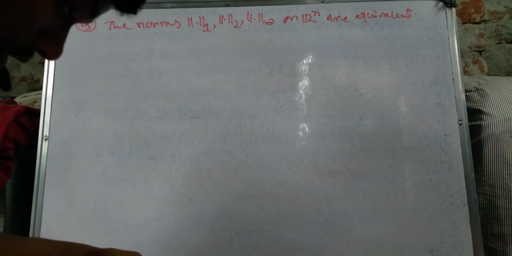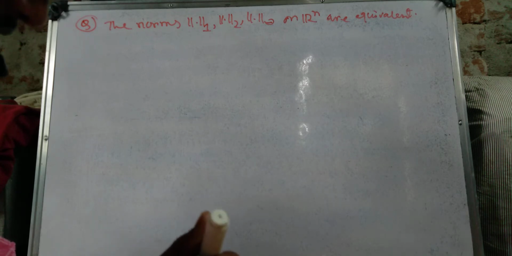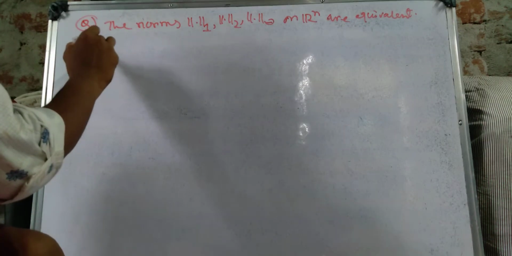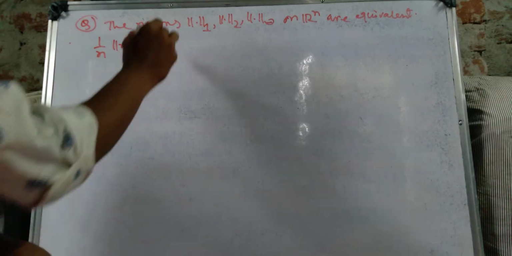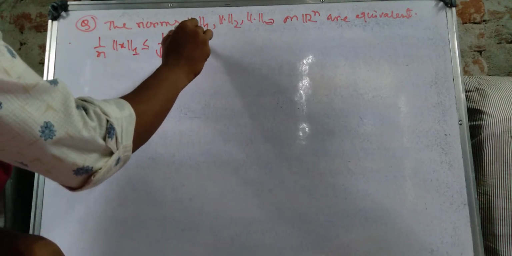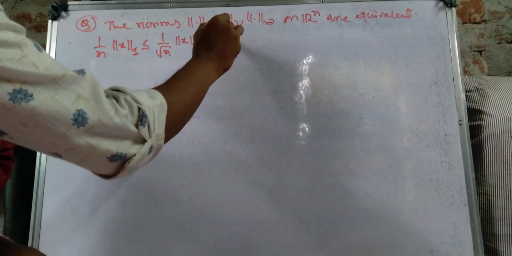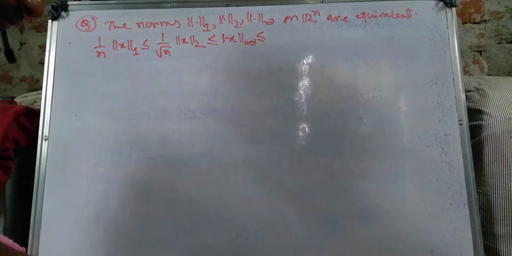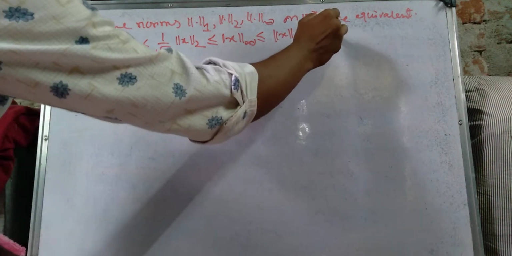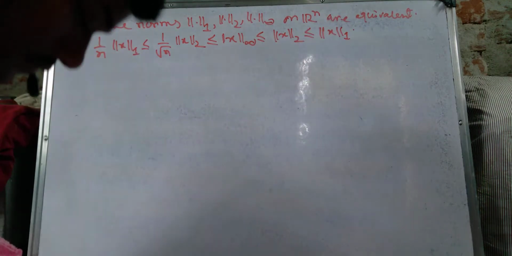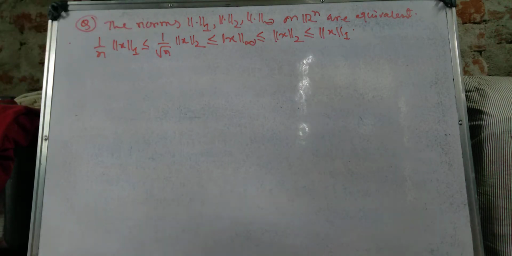More precisely, we show that 1 by n norm x1 is less than or equal to 1 by root n norm x2, which is less than or equal to norm of x infinity, less than or equal to norm of x2, less than or equal to norm of x1. So all norms in Rn are equivalent.